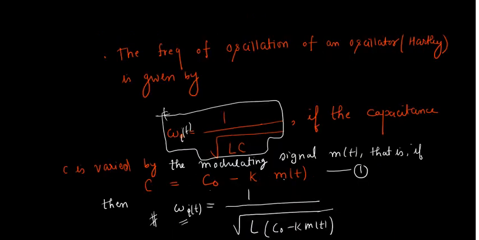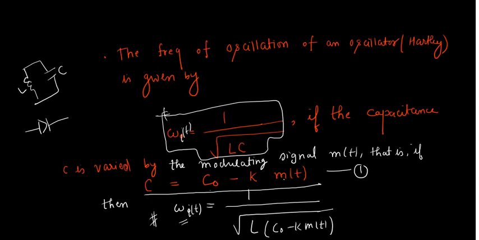So the frequency of oscillation first depends on this, right? We know that for a parallel LC circuit, the frequency of oscillation is 1 upon root LC, where C is the value of the capacitance and L is the value of the inductance. So if your C is varied by the modulating signal m(t) with this equation, so we are using a reverse biased diode.